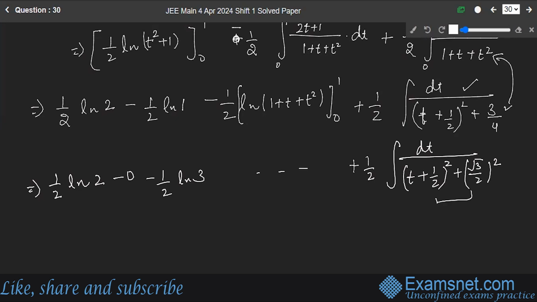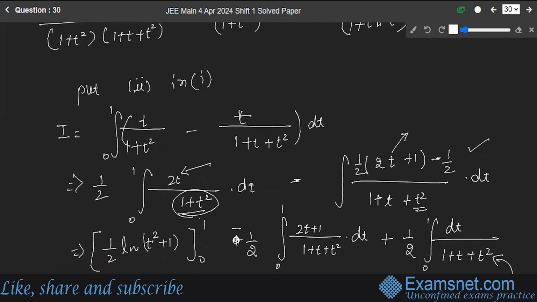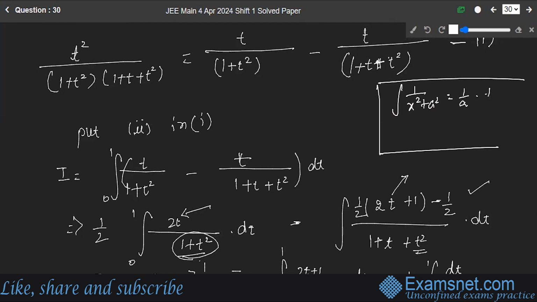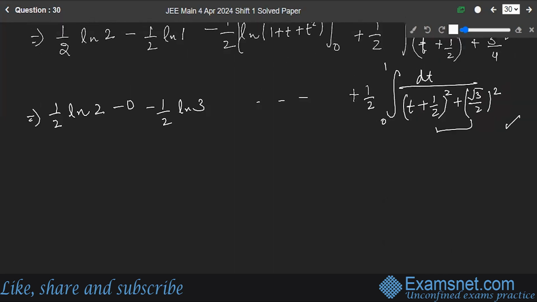So this gives you an idea. This is the integral of tangent inverse. There is a formula, let's write it down over here: integral of dx upon x square plus a square is equal to 1 upon a tangent inverse x upon a. Now I will use this formula over here.